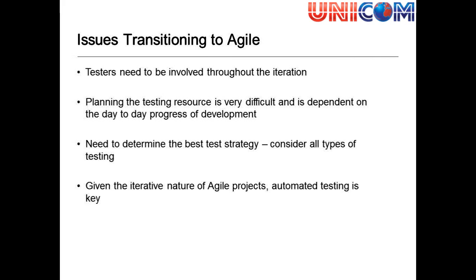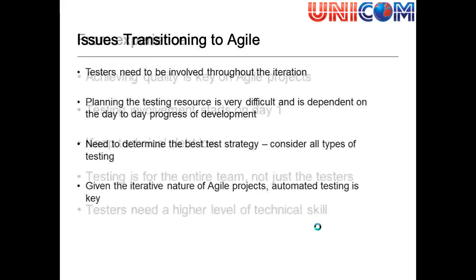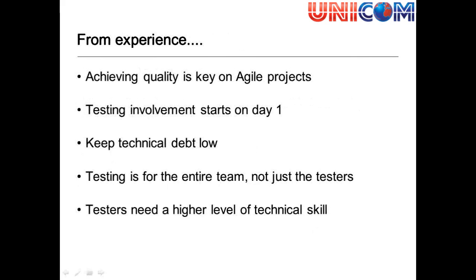So planning becomes an issue, with all the different types of testing that we need to consider. I cannot emphasize enough though how automated testing really is key for an Agile team.